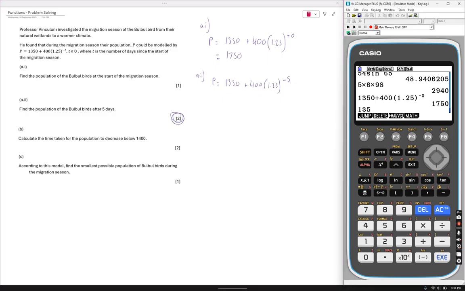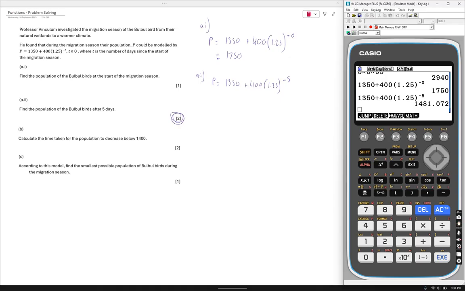Again, type all that into your calculator. And we get an answer of 1481.072.